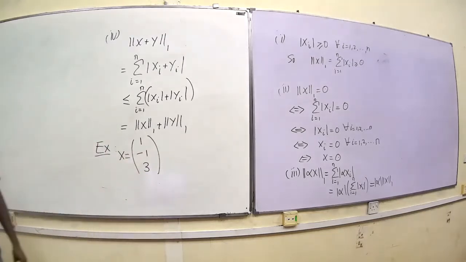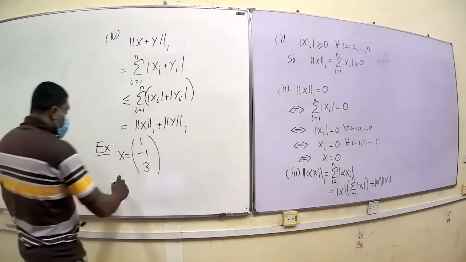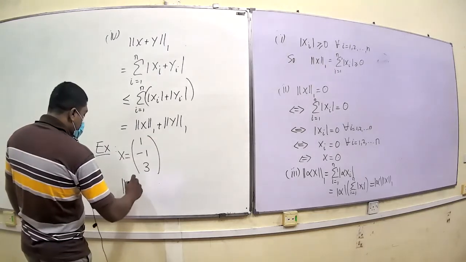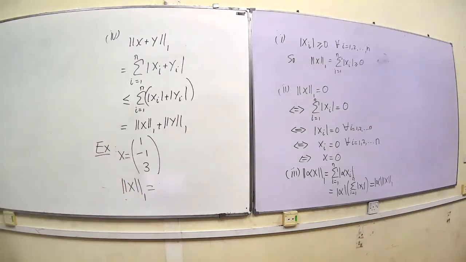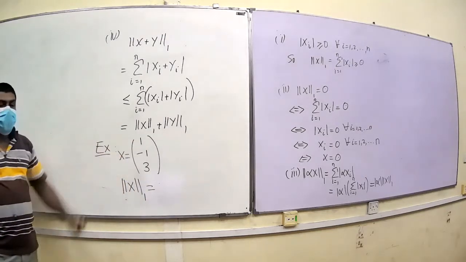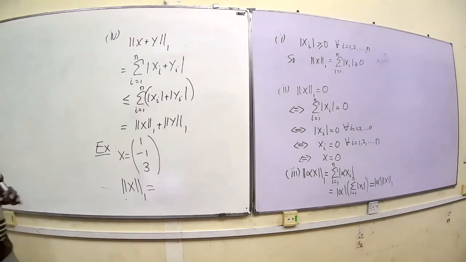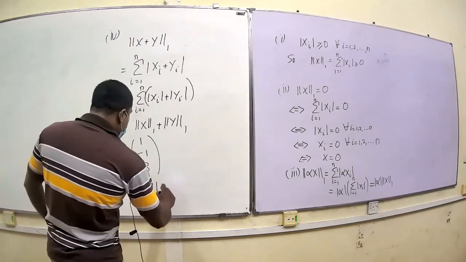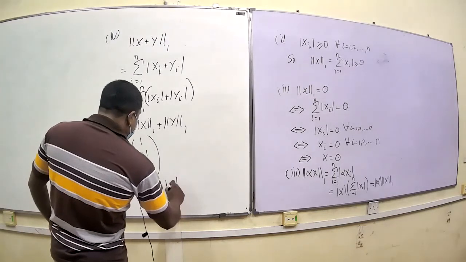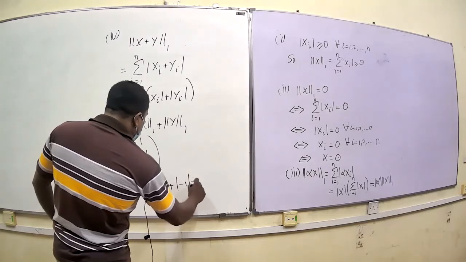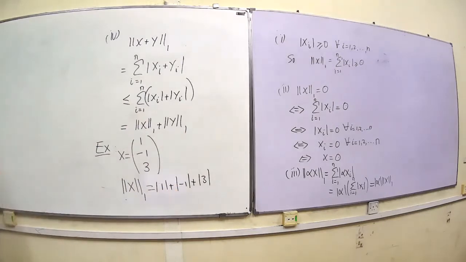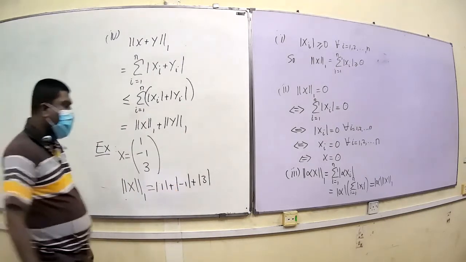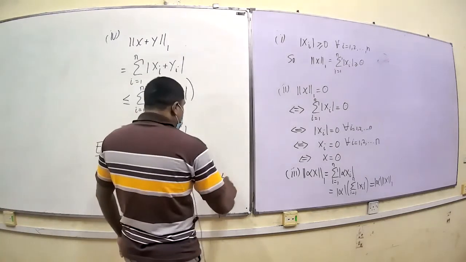If you have x here, then you can find the one norm of x. The one norm of x is: you take the absolute value of the components and add them together. So it is 1 plus the absolute value of -1 plus 3. When you add them together, you get 5.